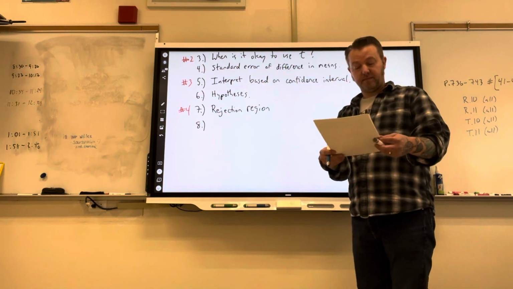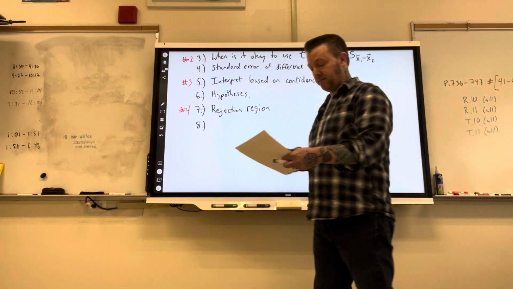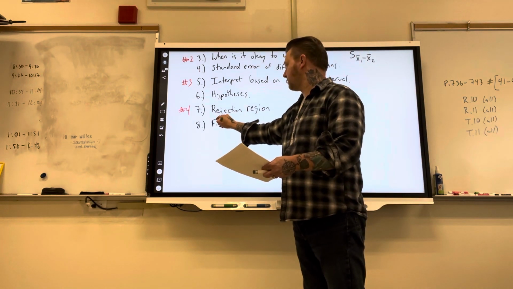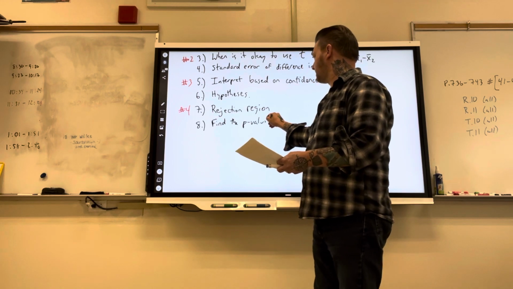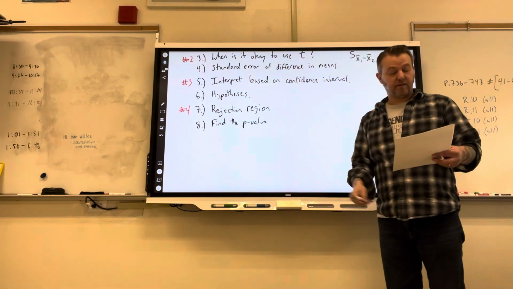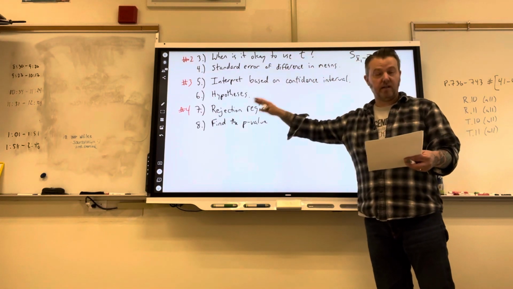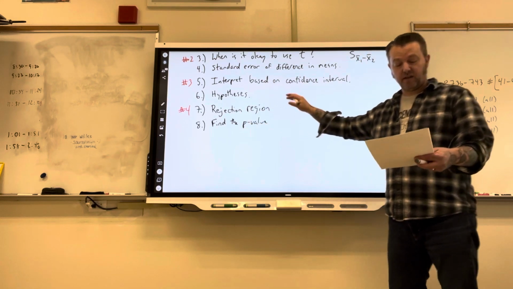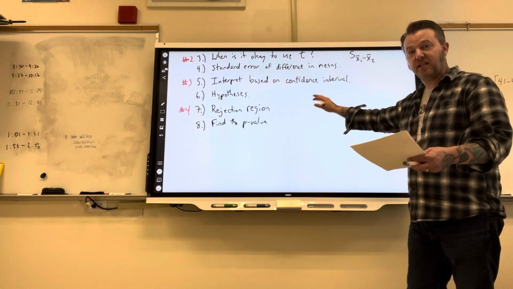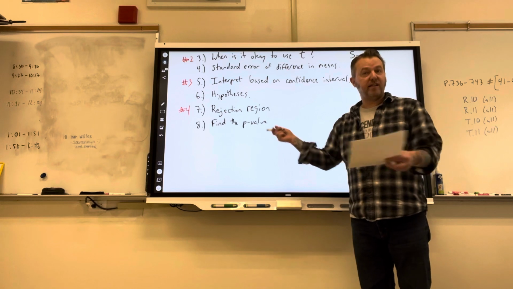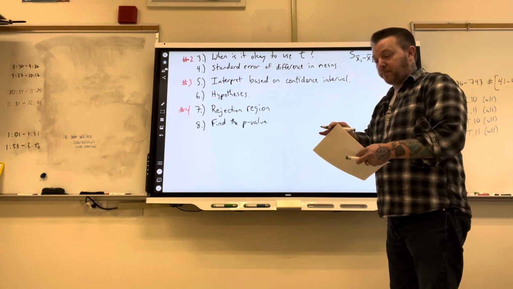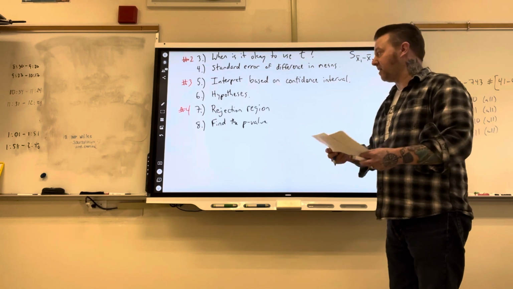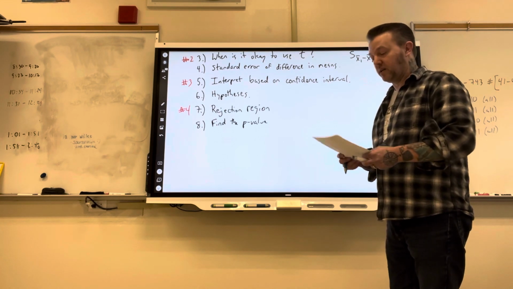Number 8. Find the p-value, so I'll give you hypotheses, I'll give you x bar, s, n. You find t, use t to find the p-value, okay? Just pretty basic inference problem, you should be able to do it.